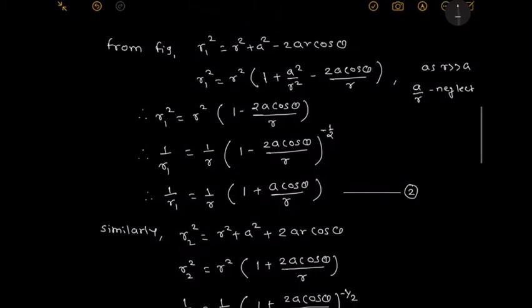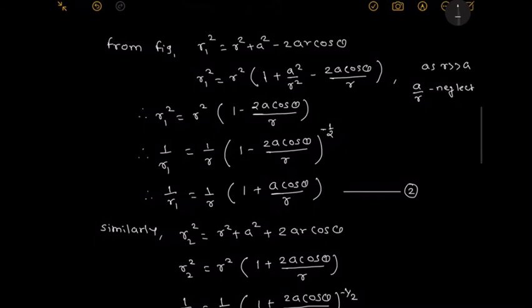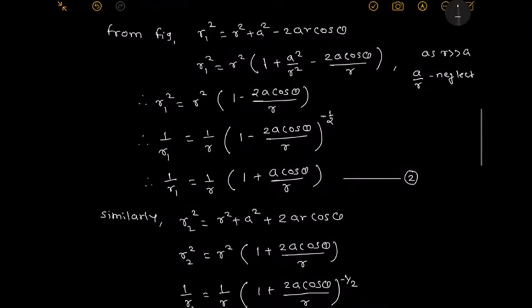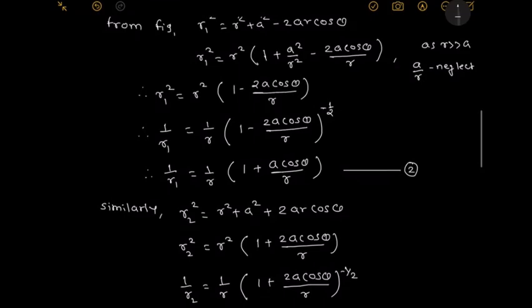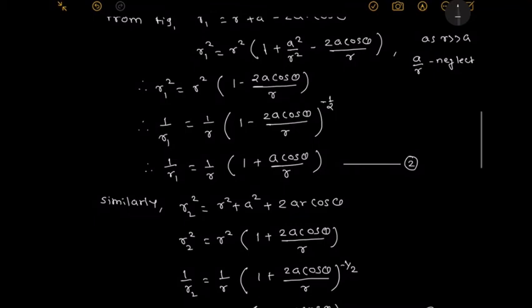Therefore, R2 square is equal to R square into bracket 1 plus twice a cos theta divided by R. Again, take the reciprocal, cancel the square on both sides and simplify the term. It becomes 1 by R2 equals 1 by R into bracket 1 plus twice a cos theta divided by R, raised to minus half.